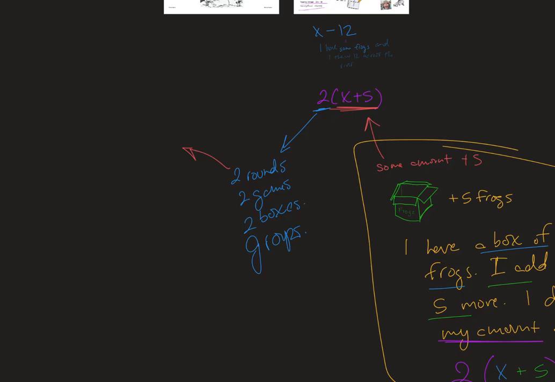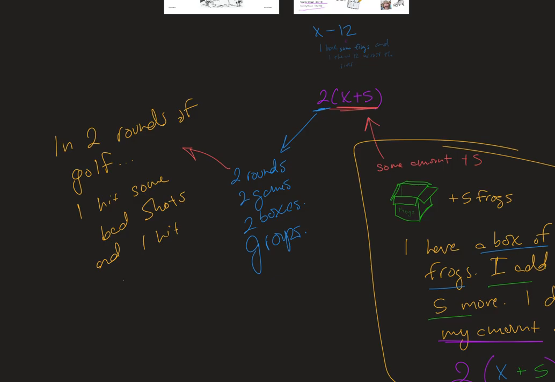So what if I have in 2 rounds of golf, that's golf, I hit some bad shots, and I hit 5 decent shots.